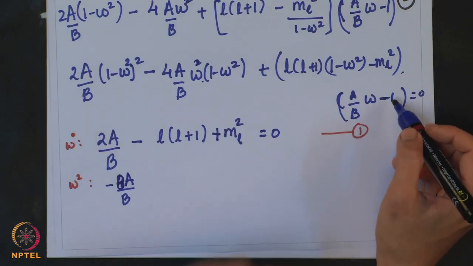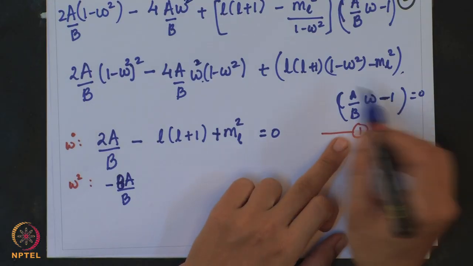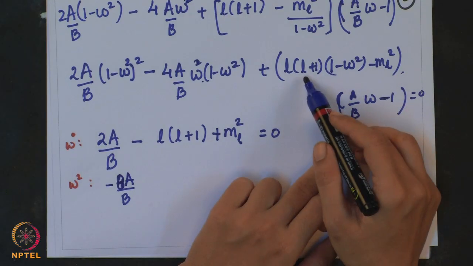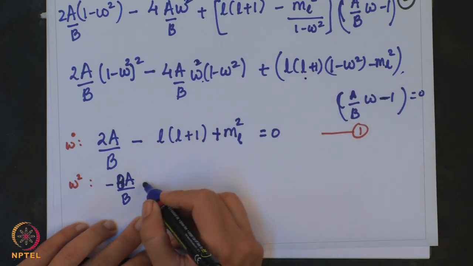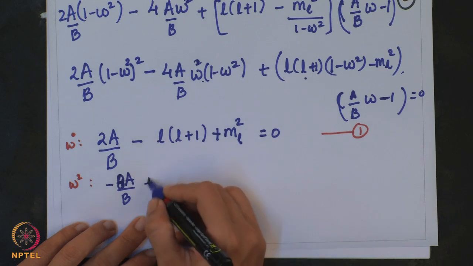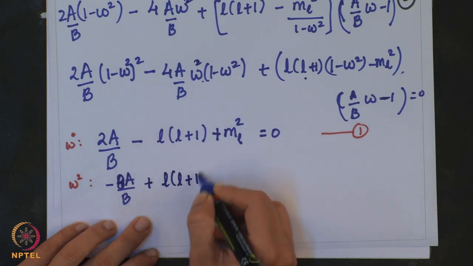We have already multiplied by minus 1 for the first term. So from here I will have minus L into L plus 1, so this becomes plus L into L plus 1.